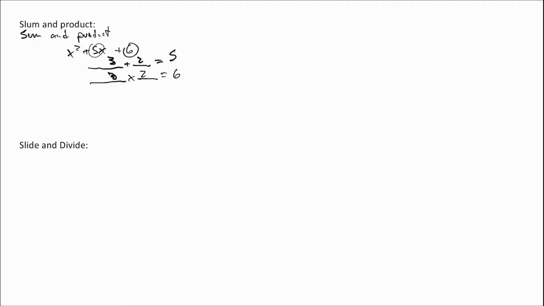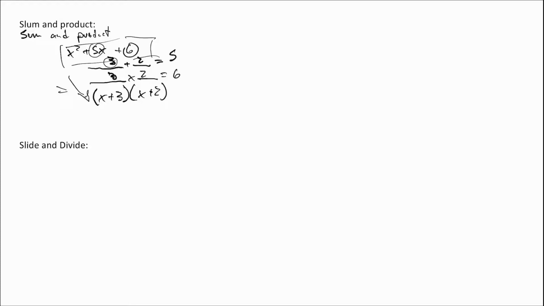And then I'm going to write x plus 3 times x plus 2, and that is my factored expression. These are exactly the same thing. These are the same. They're equal. They're just in different forms. This is factored. Okay, so that is how you use sum and product.